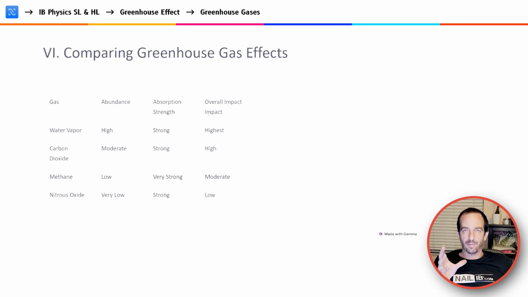It absorbs fewer wavelengths in comparison to H2O, or water vapor. Methane is less abundant, and nitrous oxide, which I believe comes from the agricultural industry, is even less abundant, though it has a fairly strong absorption. And then we could see the list of impacts that these greenhouse gases have.